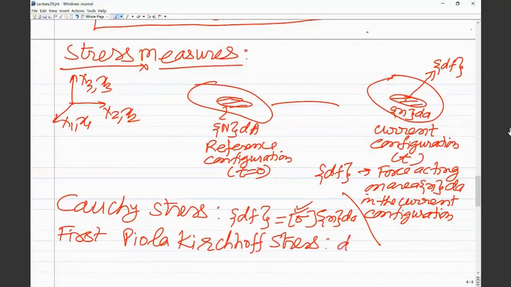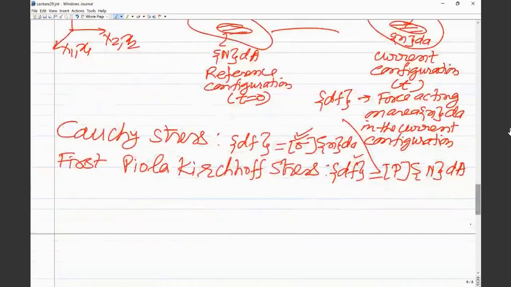So df based on the first Kirchhoff stress, denoted by capital P, would be P times capital NDA. Capital P is like df upon NDA, where df is the force in the current configuration, and NDA is the area in the reference configuration. And then we have what is known as the second Kirchhoff stress tensor.